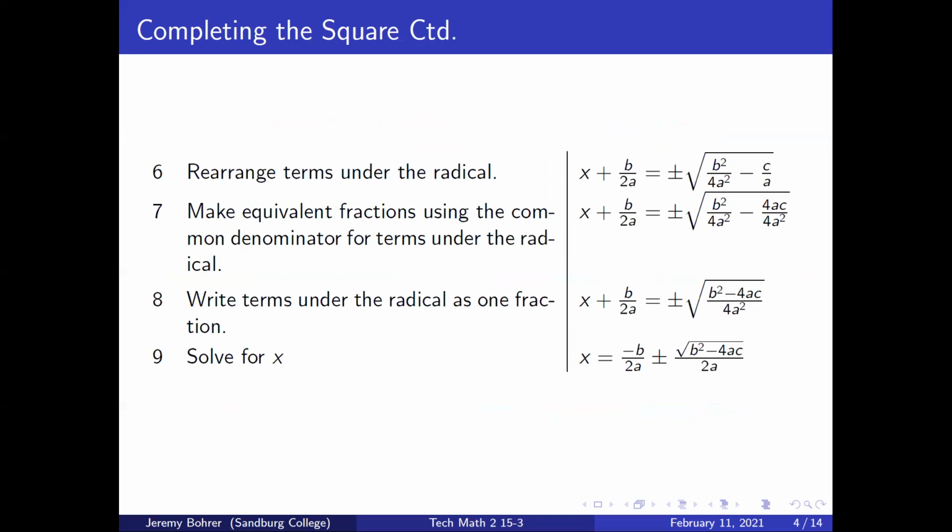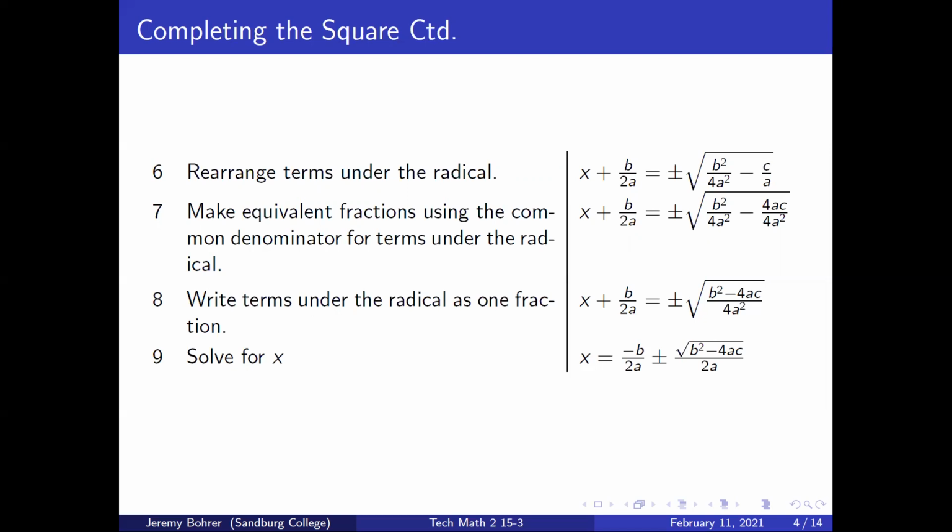We make equivalent fractions using the common denominator for terms under the radical. So x plus b over 2a equals plus or minus the square root of b squared over 4a squared minus 4ac over 4a squared. We write the terms under the radical as one fraction.